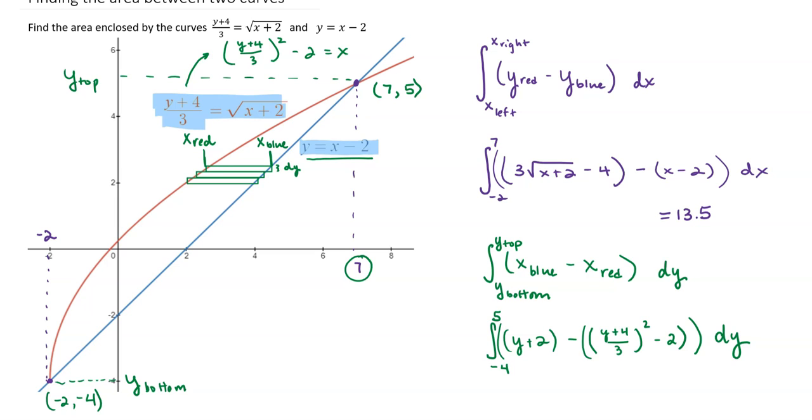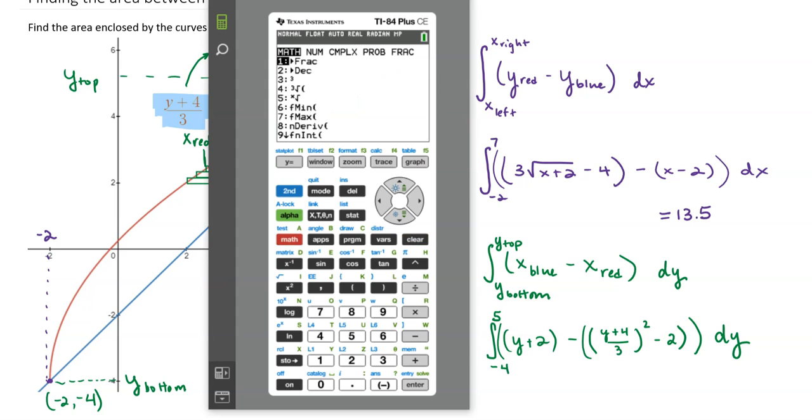Okay, let's take a look at the calculator and work this out. We're going from -4 up to 5, and we've got to be careful with all our parentheses here. So we'll use alpha to get a y. And if I want to get fractions, I can do alpha y equals, and there's a fraction button there.